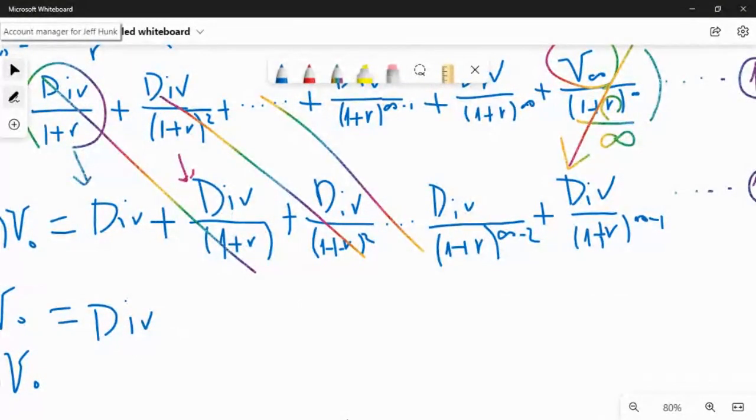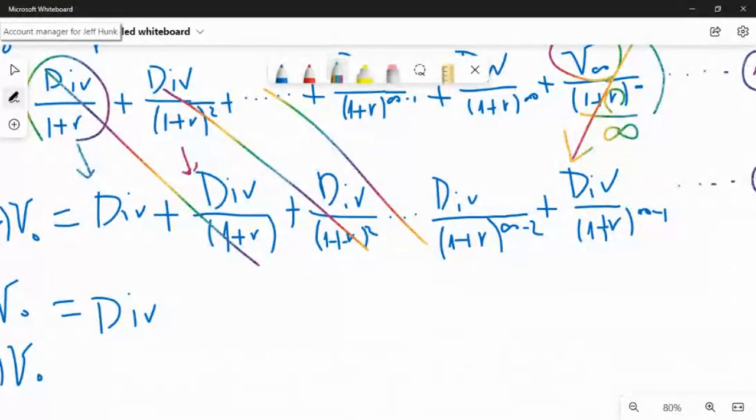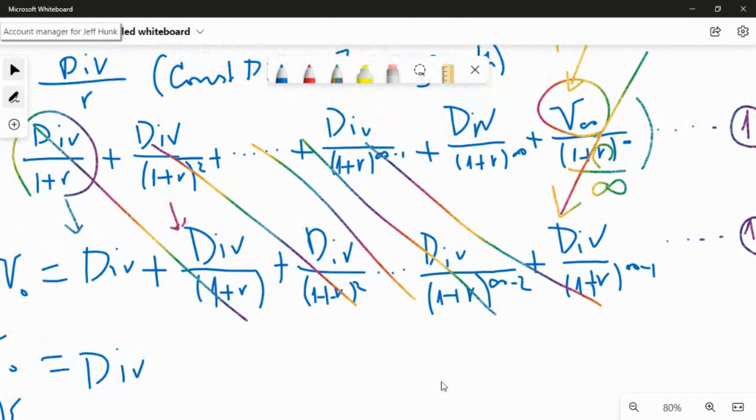And whatever was in equation 1, dividend over 1 plus r raised to infinity minus 2, it will cancel out. These two will cancel out. Right?